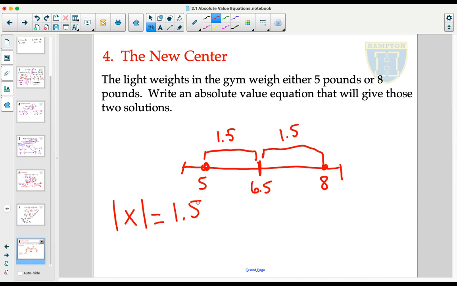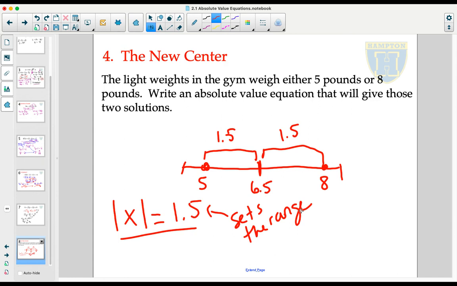Now, that doesn't help me necessarily. That's not the finish of the equation. Because if I looked at this equation, I would say my two solutions were 1.5 and -1.5. And that's not what's happening here. My two solutions need to be 5 and 8. All this number does is set the range. That number sets the range of any absolute value equation. It tells you how far from that middle you need to go.